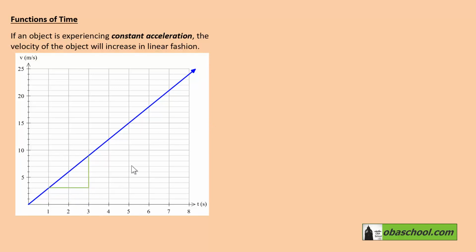We can take the gradient, and this is 2 across and 6 up, which means the acceleration is 6 divided by 2, which is 3 meters per second. And that would be the same wherever we took the gradient along the line. So clearly the gradient is the same everywhere on a straight line.